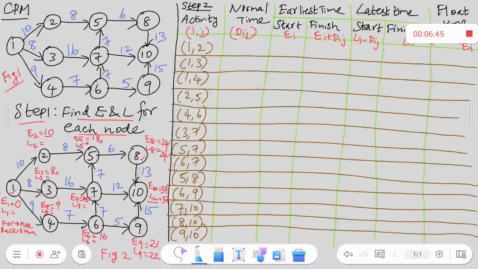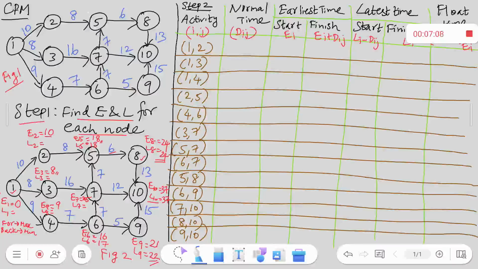When I go to 5, I have 24 as my latest time at 8. 24 minus 6 will give you L5 as 18. Similarly, when I have 22 here, 22 minus 5 is 17 here, which is L6.